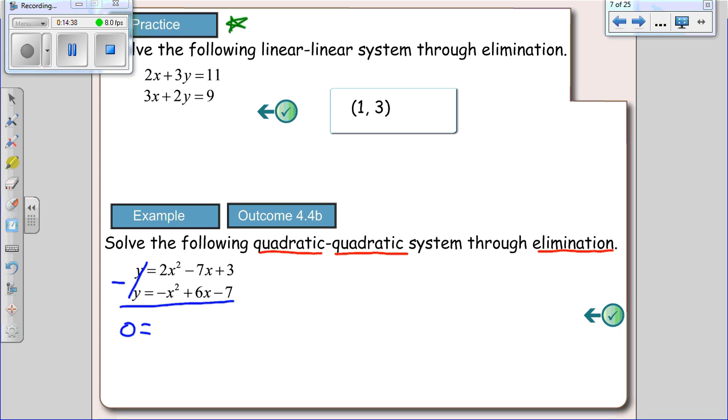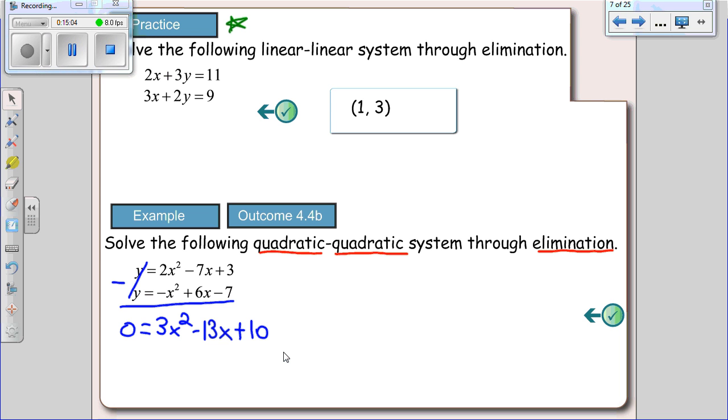Negative 7x minus 6x is negative 13x. 3 minus negative 7 is plus 10. We've successfully eliminated one of our variables. Now we have one equation with one variable, that variable being x.